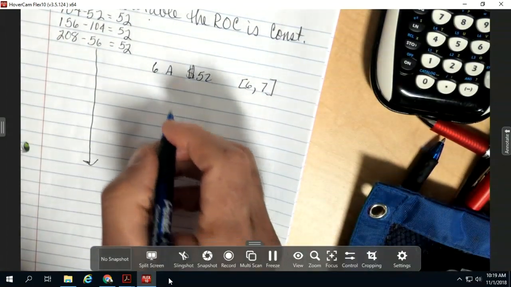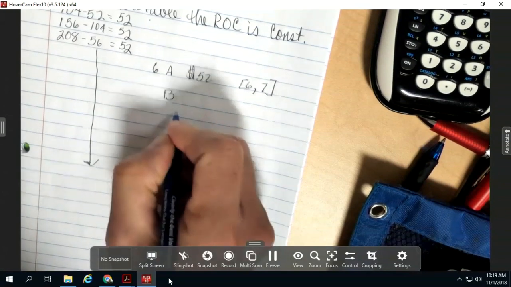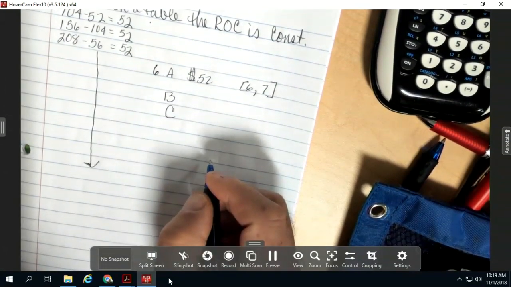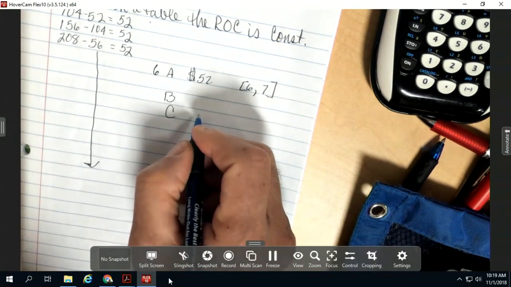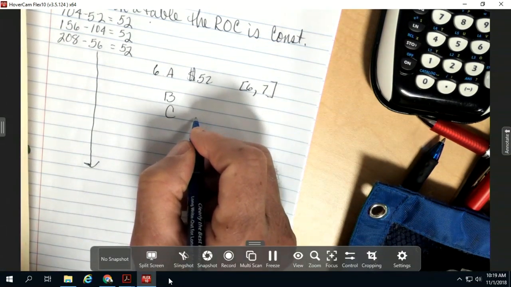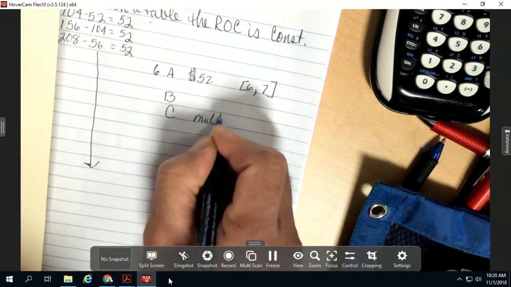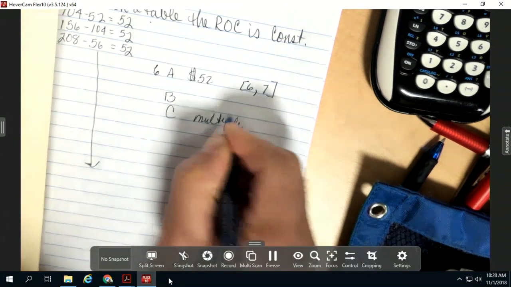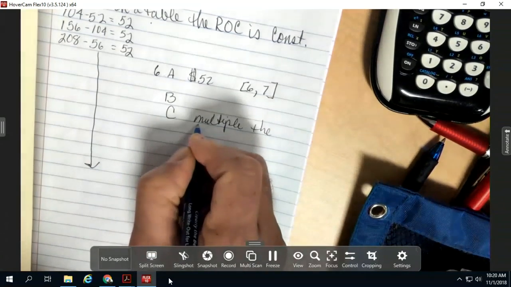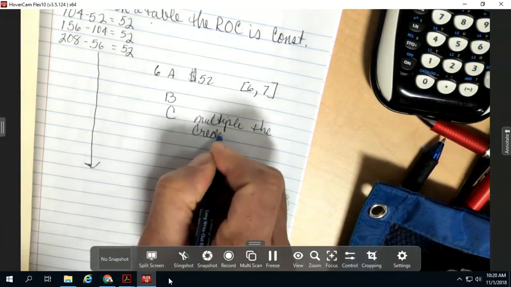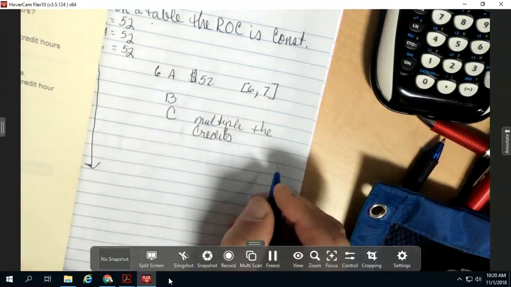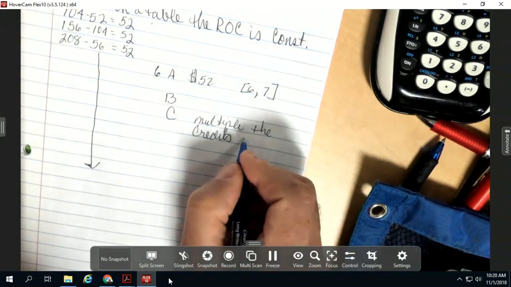B, fill in the last column, we did. C, what is the relationship between tuition and credit hours? Multiply the credits by 52. By 52.